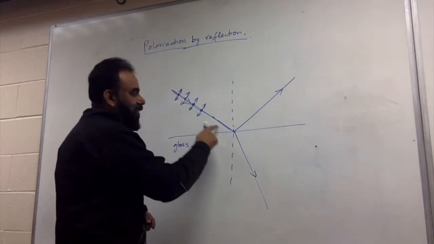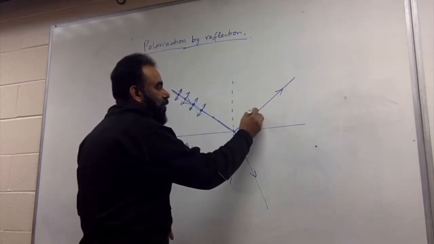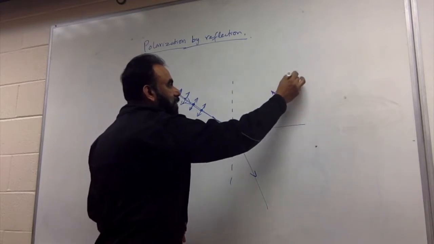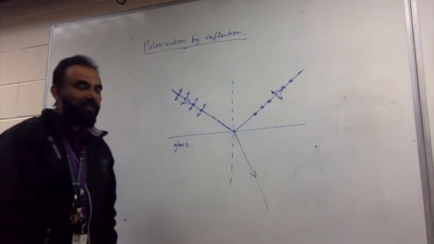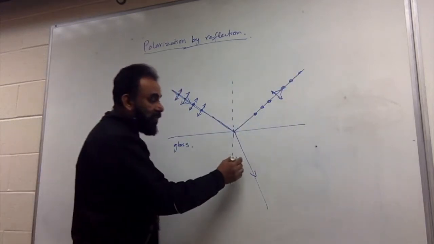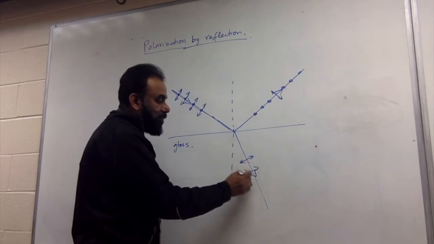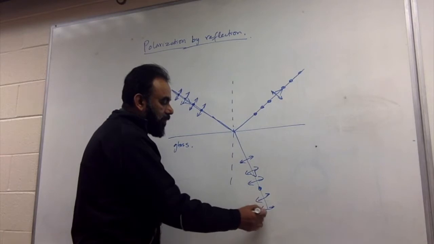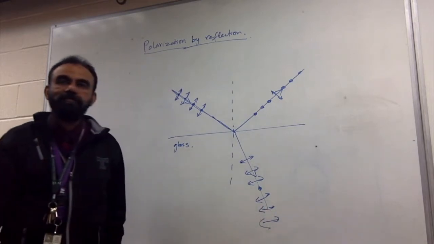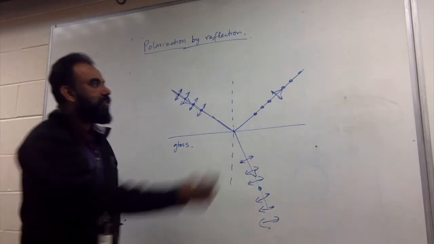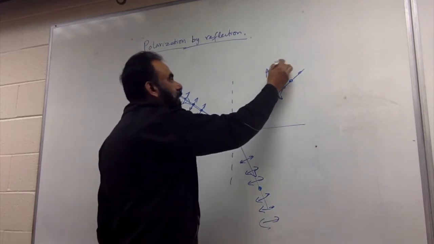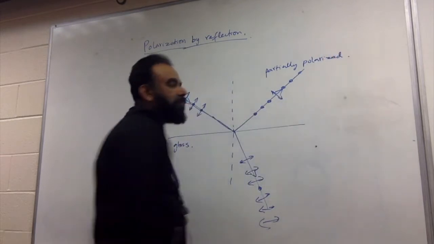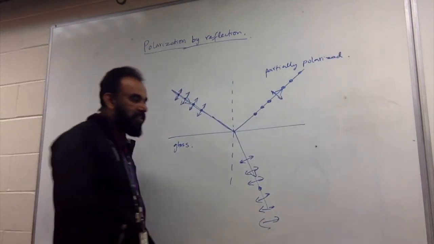So what happens is, in the reflected light, more of the horizontal will be seen, and occasionally the vertical. In the refracted light, more of the vertical is seen, and occasionally the horizontal. So this is partially polarized, and this is also partially polarized.